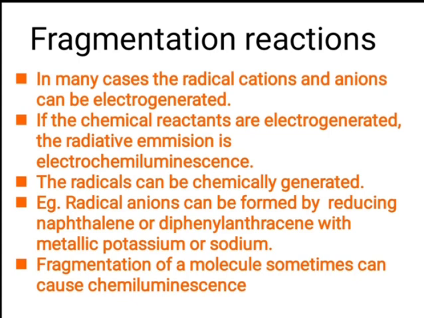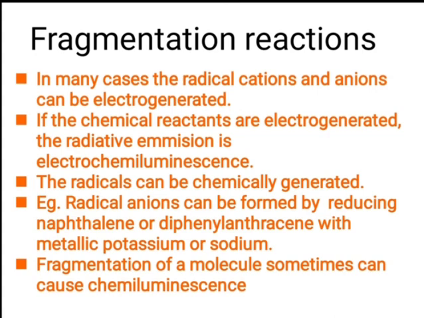For example, radical anions can be formed by reducing naphthalene or diphenylanthracene with metallic potassium or sodium. Then, the fragmentation of a molecule sometimes can cause chemiluminescence. An example is that chemiluminescence sometimes occurs during fragmentation of the peroxide bond in an organic molecule.